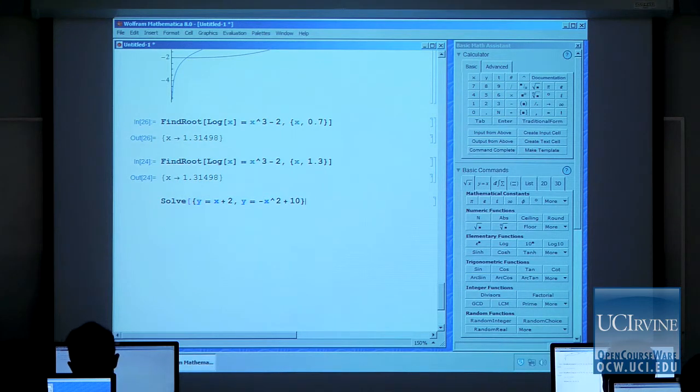So here we have a line, and we want to find out where it crosses an inverted parabola. And then we're solving for x and y.